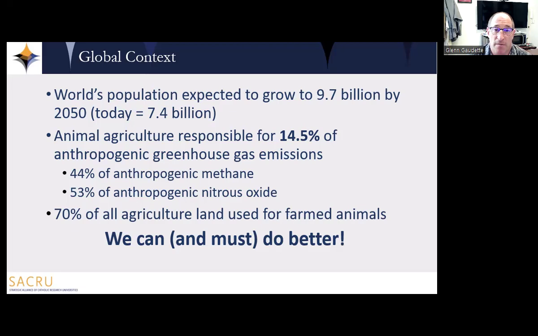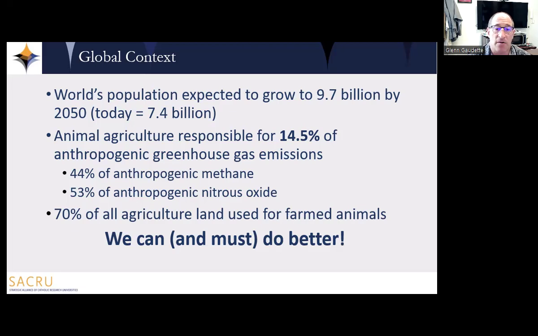So that means we're probably going to have to increase our supply of meat. That means we're going to need more land, more water, and more resources, energy resources, for example. And where are they all going to come from? That's something we've got to think about, especially regarding the sustainability of our earth.